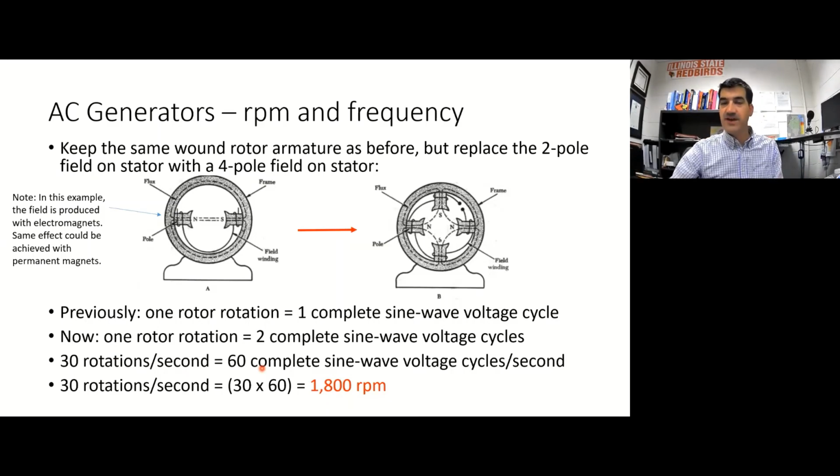And if I convert that to revolutions per minute, 30 rotations per second times 60, so 30 times 60 to convert into revolutions per minute gives me 1,800 RPM. So this right here was 30 rotations per second times 60 seconds per minute. And the seconds cancel out, and I get rotations or revolutions per minute.